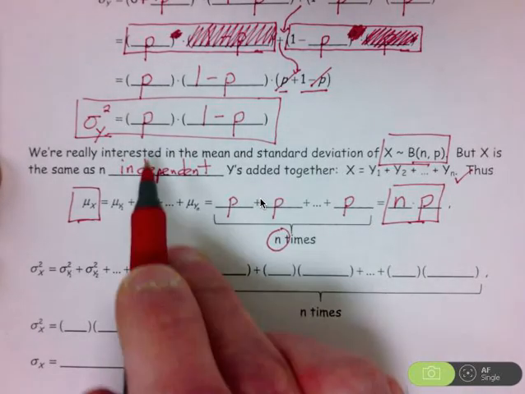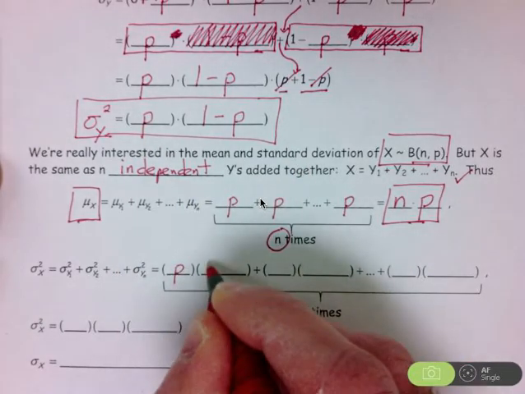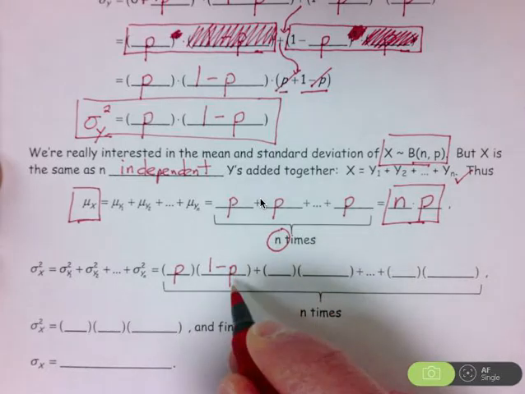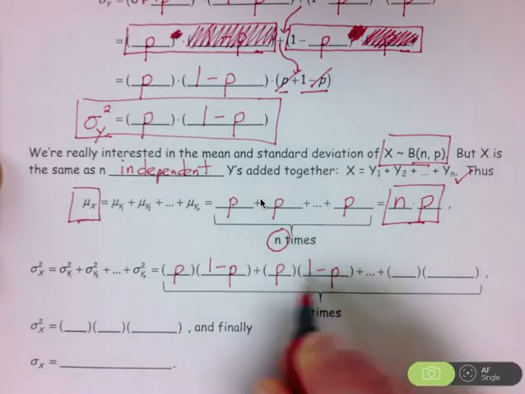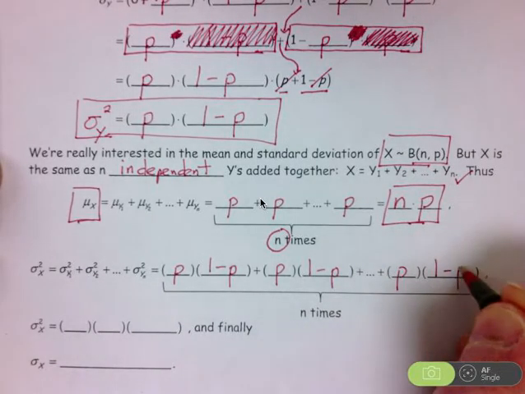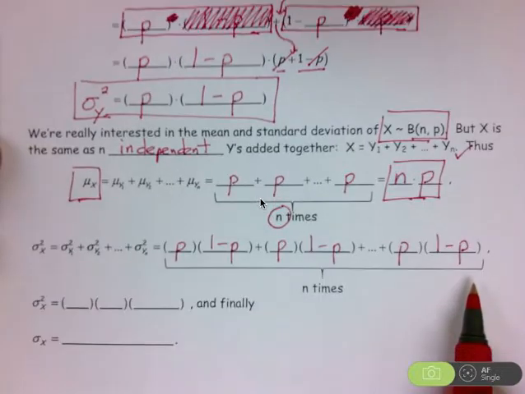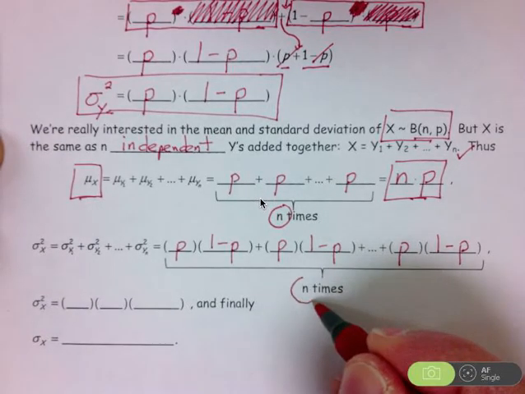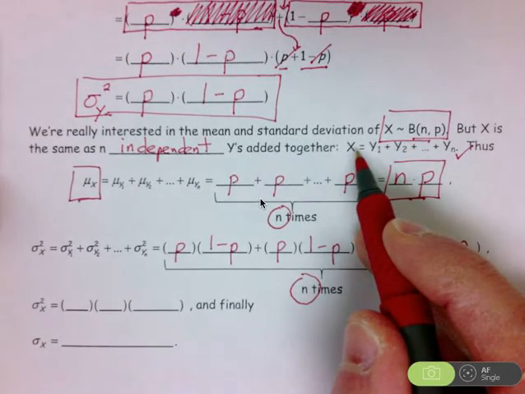They're all represented by p times 1 minus p. p times 1 minus p for the first random variable y. p times 1 minus p for the second one, all the way up to the nth one. So again, notice this happens n times because I am adding n of the y's together, they're all independent, in order to make my x.